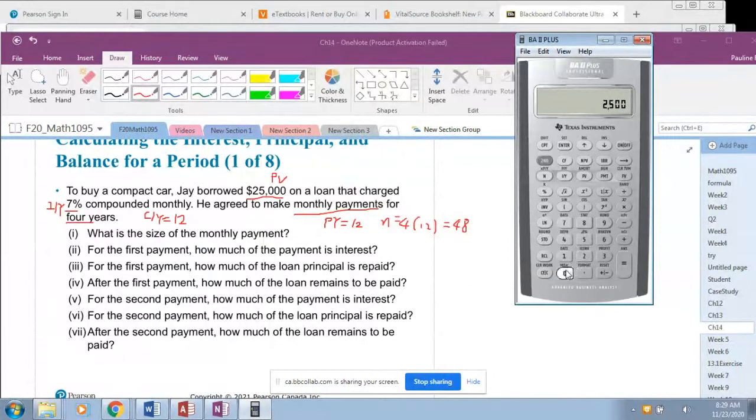Enter 25,000, that is the present value. 7 is the interest, IY. 48 is the term, N. 0 for FV. Compute PMT. So this is your answer for question 1. This is the regular question.